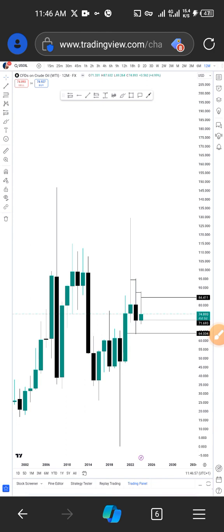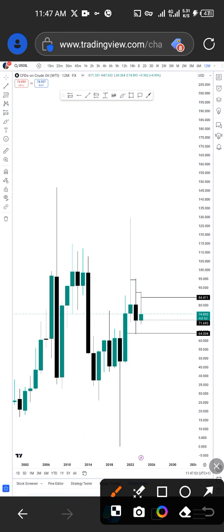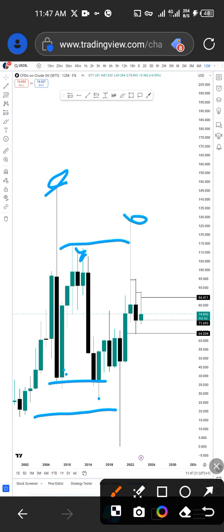So let's see. In this 12-month time frame, what we see is a break of structure to the downside, and then the eye that put in this low, which break this structure, and the price came and take out this eye again. Why? Because this is a slippery liquidity.